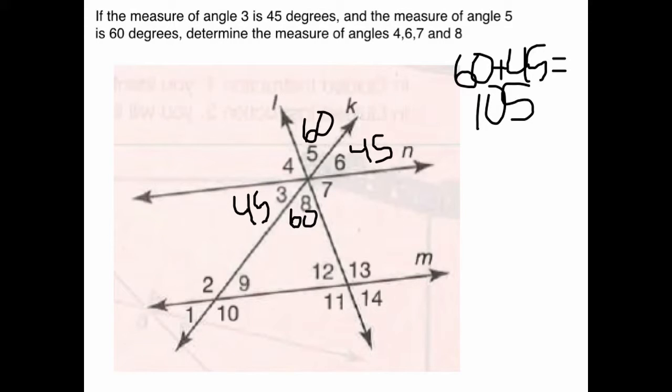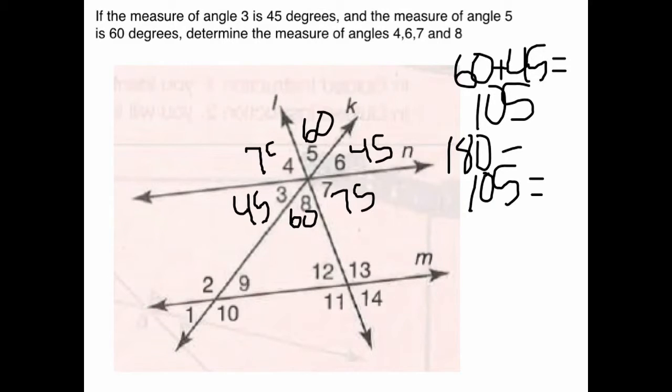The next thing I'm going to do is take 180 and subtract 105. Now, if I do that math, 180 minus 105 is 75 degrees. So, since angle 4 is 75 degrees, angle 7 is also 75 degrees because the two are vertical.